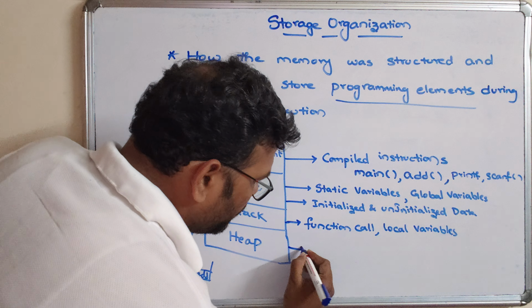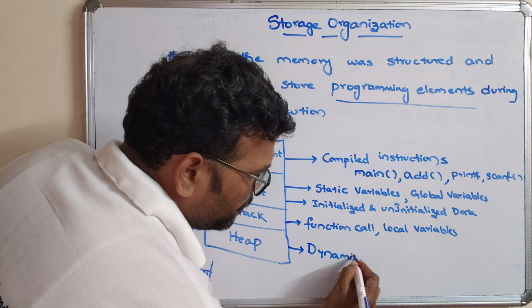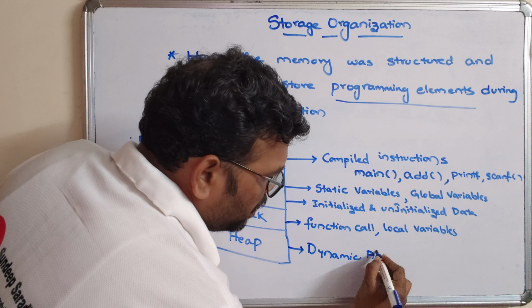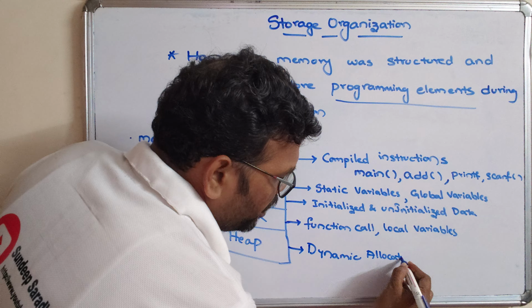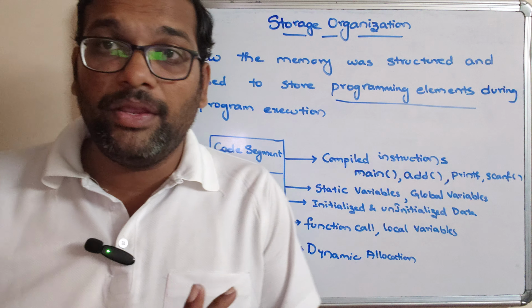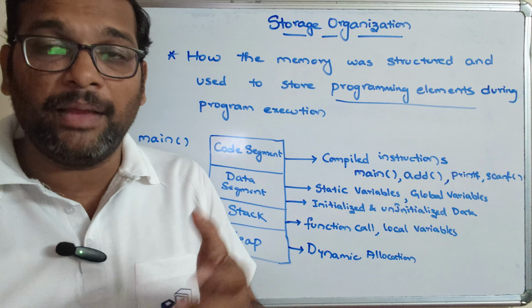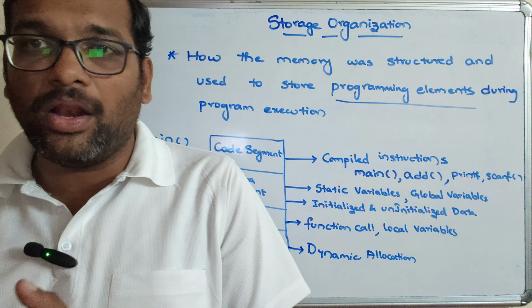And coming to the heap, all the dynamic allocation variables. Whatever variables are allocated dynamically, we might know the dynamic memory allocations like malloc, calloc, and realloc.